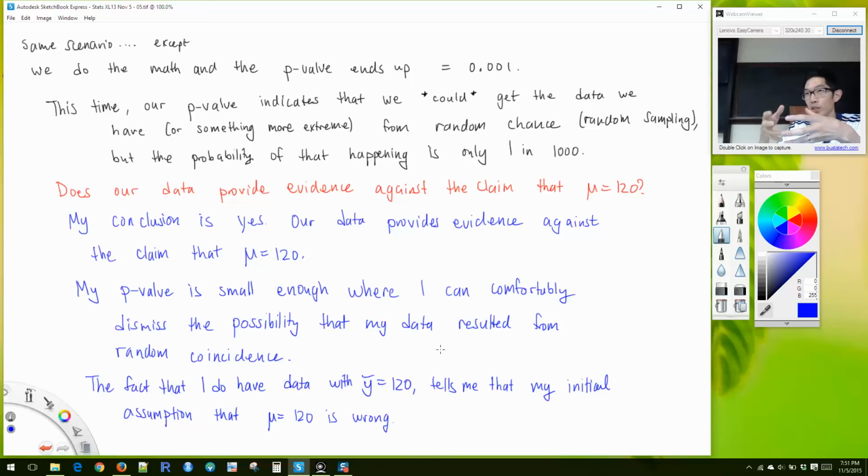If the probability of getting the data that we have is high, we say, well, maybe the null hypothesis is true after all, and I got this from random chance alone. If, on the other hand, our probability is really small, we say, the fact that I have this data, and the fact that the probability of me getting this data from random chance alone is incredibly tiny, makes me believe that my initial assumption is wrong.